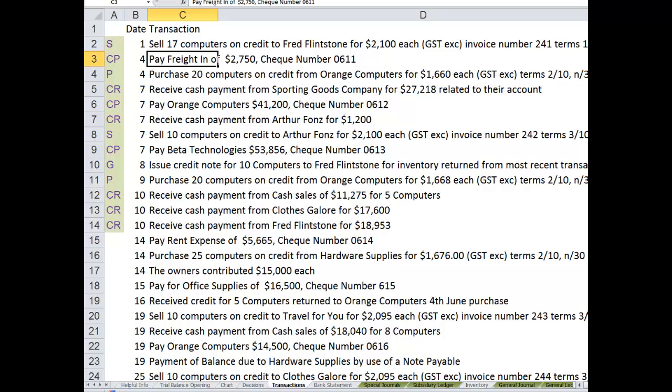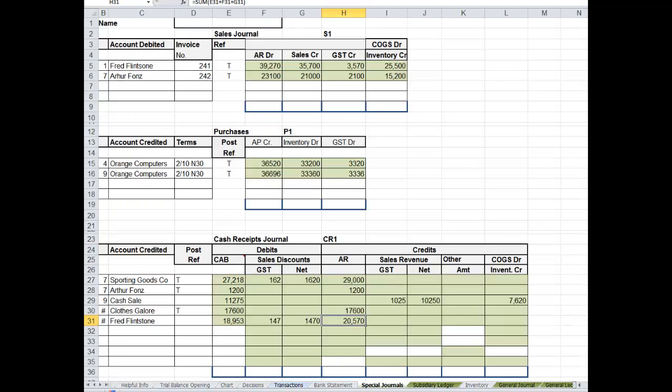You'll find the next transaction, rent expense, is pretty straightforward. Yeah, I'll do it now. So what's rent expense? It's a cash payment. It is 5655. So special journal cash payments.